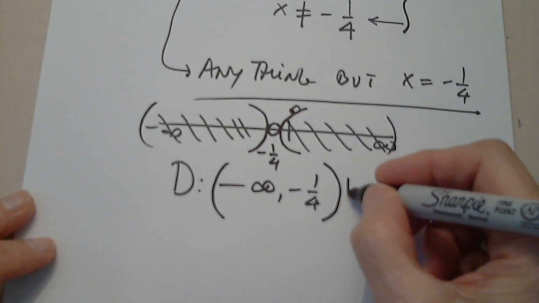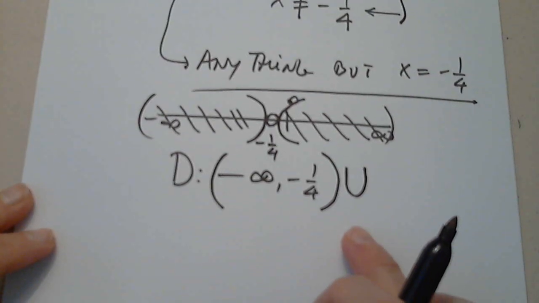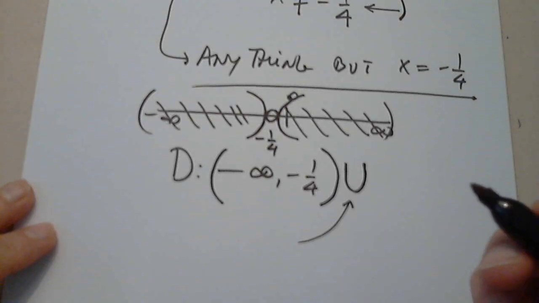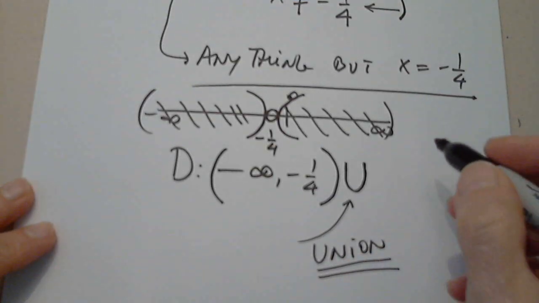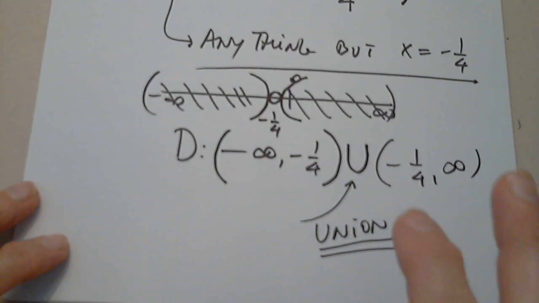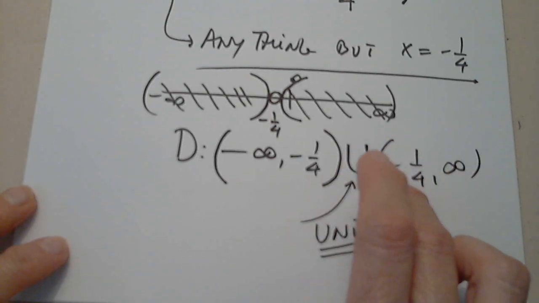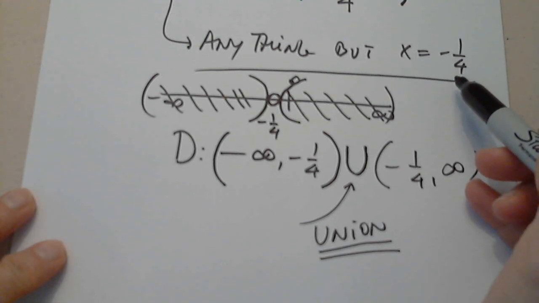There is a symbol that we have to use in between. It's the uppercase U. It denotes union. The other side, negative 1/4, infinity. Notice that by the fact that I did not have the bracket anywhere, it means that negative 1/4 is excluded.